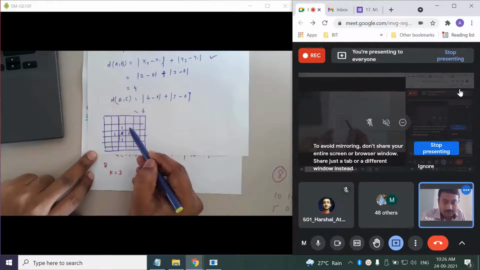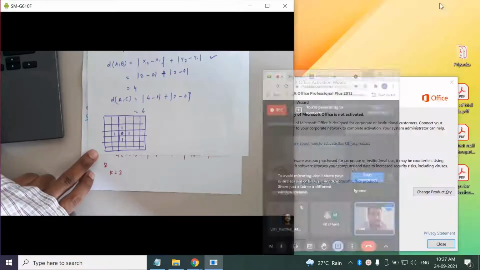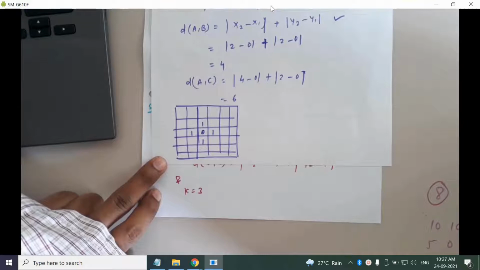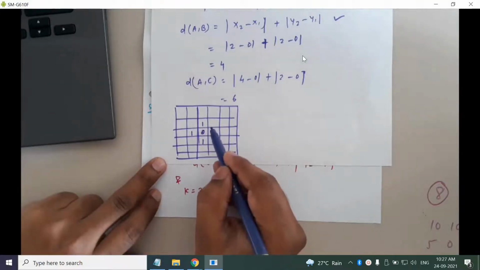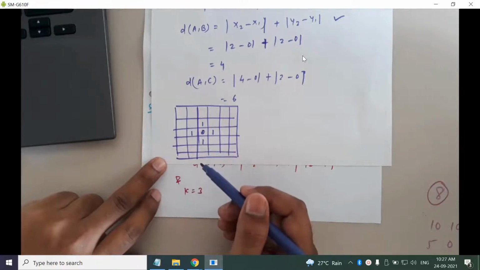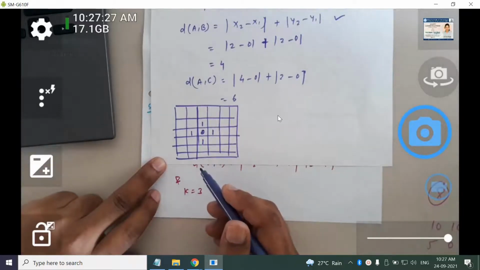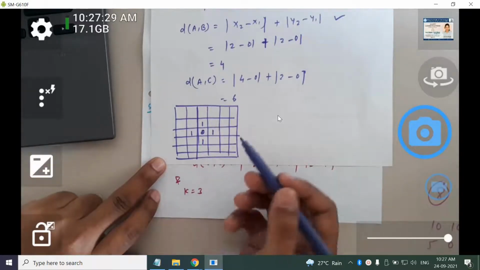The distance of this block will be, anyone? Fast. Someone said square root of 2, but I am talking about city block distance. I expect answers from others. Please be quick. Put the values.